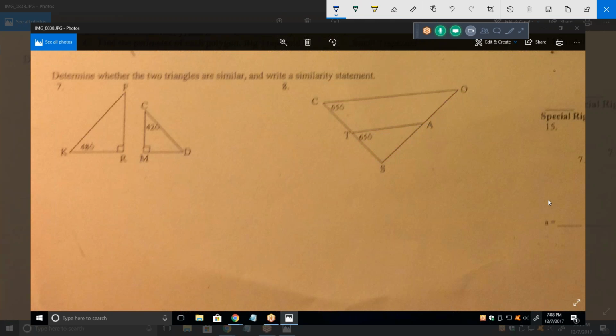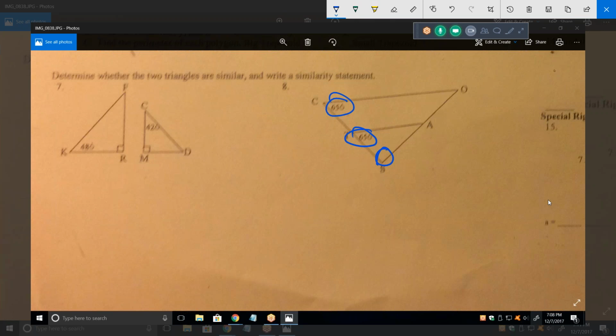Correct, because that's 65 degrees and that's 65 degrees. So they have at least one angle that's the same. This angle is in both triangles. So they have 2 angles that are the same.